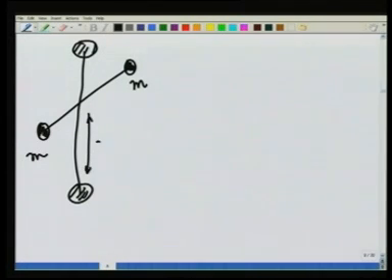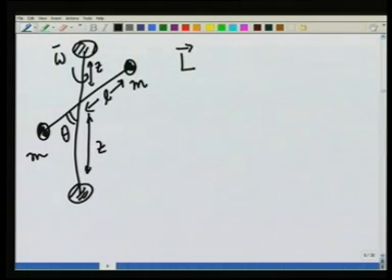Let this height be z, let this also be z, let this angle be theta, let the length of the rod be 2L, so that half of it is L, and I want to first calculate L, the angular momentum of the body. Remember, we calculated this last time, but I want to do it again, and this is rotating with angular velocity omega, like this.